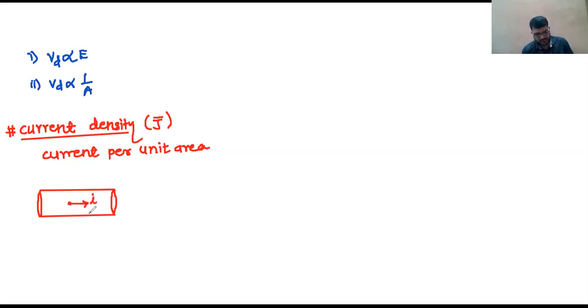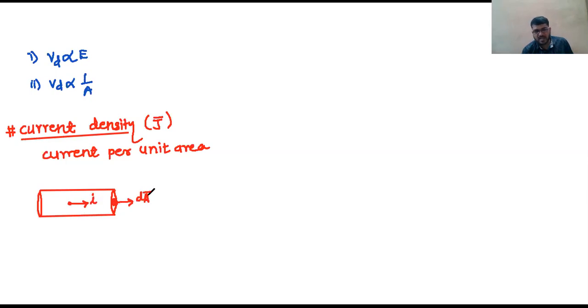If I am considering some small area, you can see this shaded part, this one is dA bar.